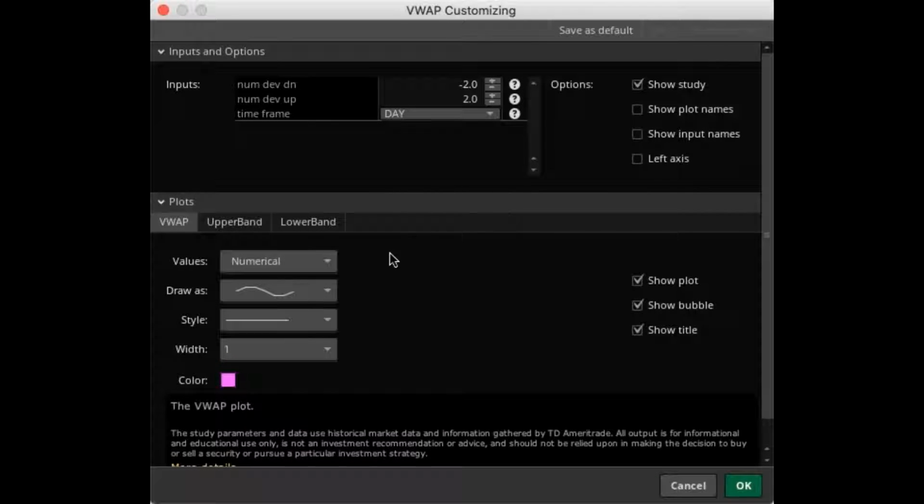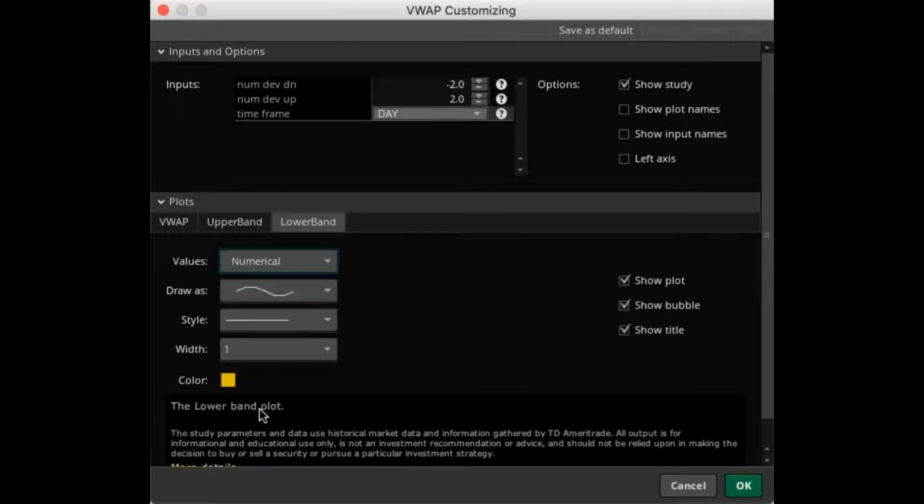The first one says VWAP, and the VWAP is purple. I want you to leave it alone. Let the VWAP be purple. Now, the next one is the upper band, and the upper band is this pink color. Now, I want you to click show plot. I want that unclicked. I don't want that showed.